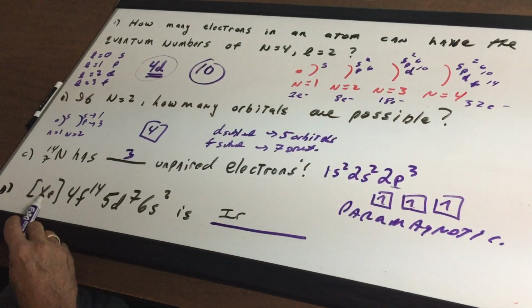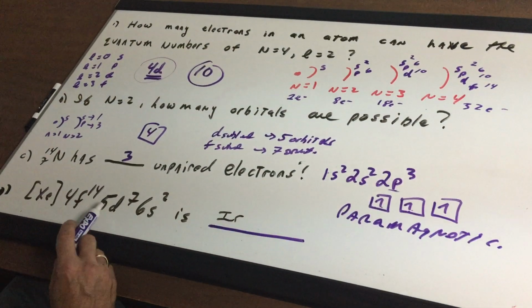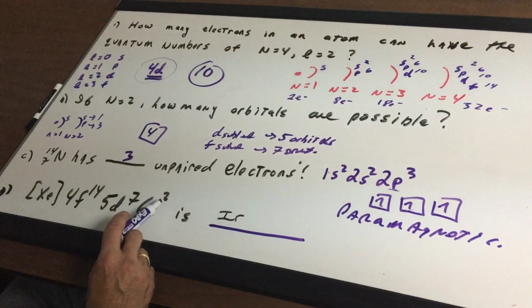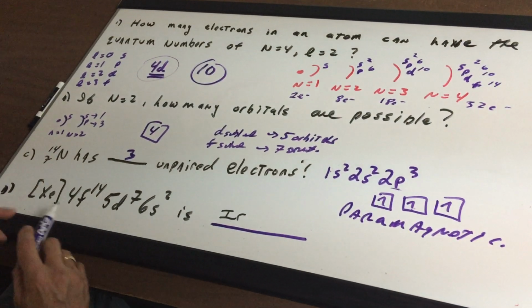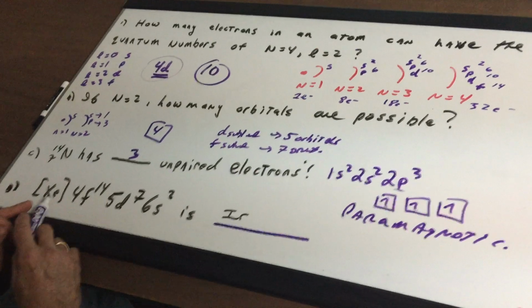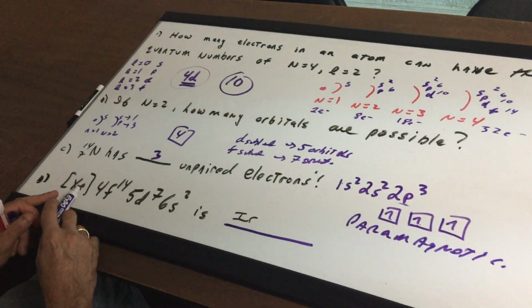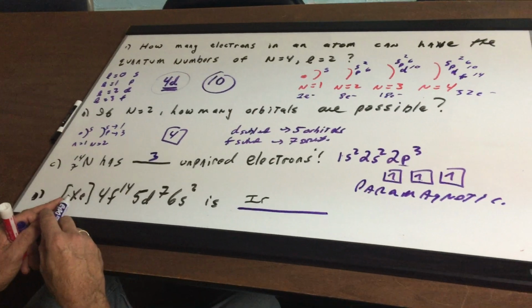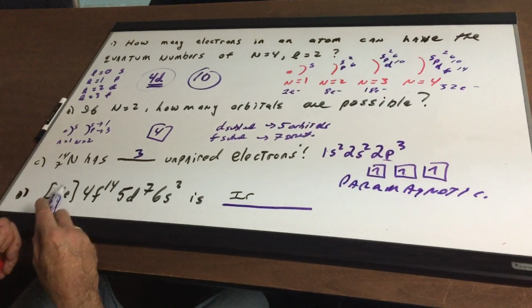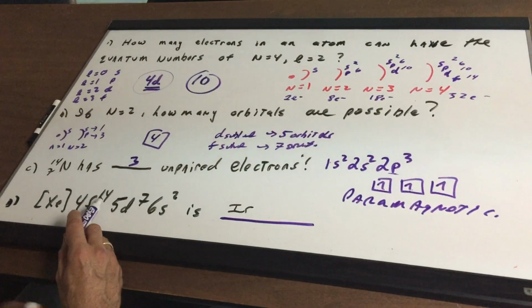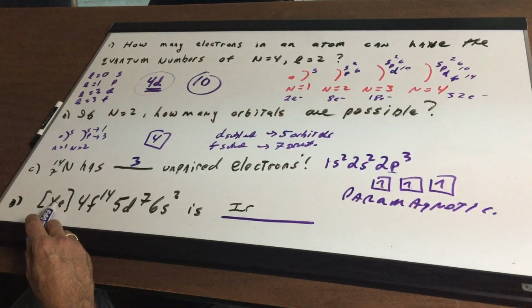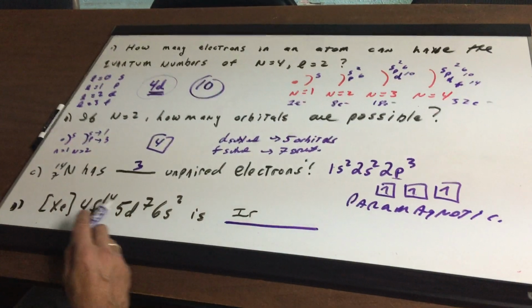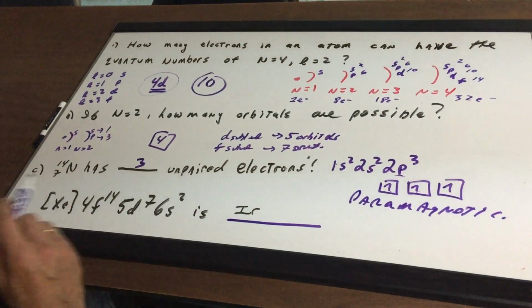Now, this configuration of xenon 4f14, 5d7, 6s2 is blank. All you're going to do is look up on the periodic table, we have 54 for xenon. That's the atomic number, which is the number of protons, which is also equal to the electrons. You add 54 plus 14 plus 7 plus 2.